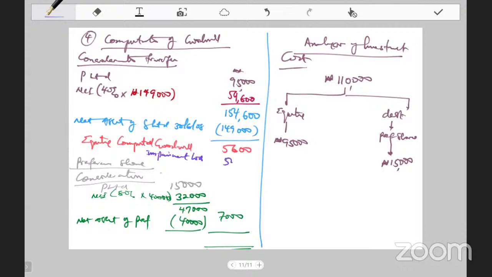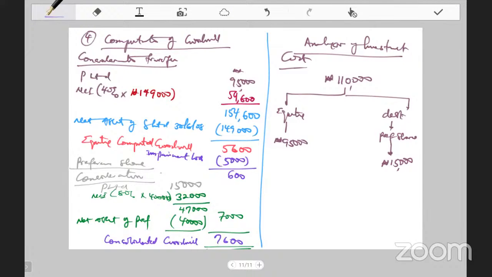So what do I have left here? 600. So add 600 to 7,000 for me to know my consolidated goodwill. Sorry, I was testing you. So what is now my consolidated goodwill? 7,600.